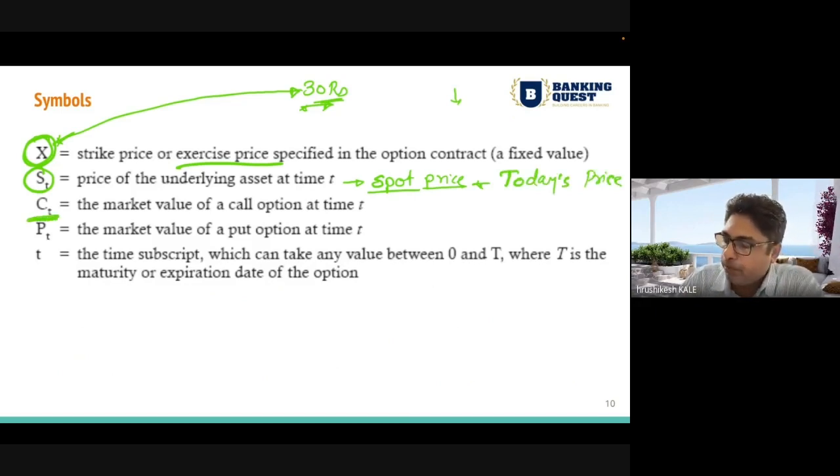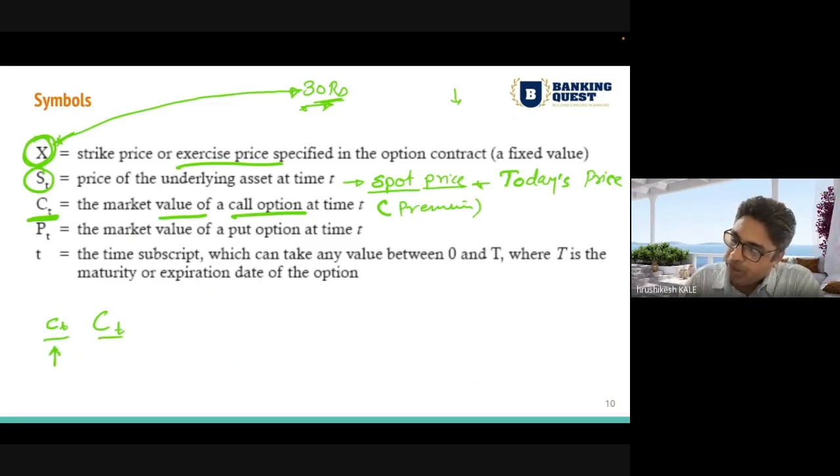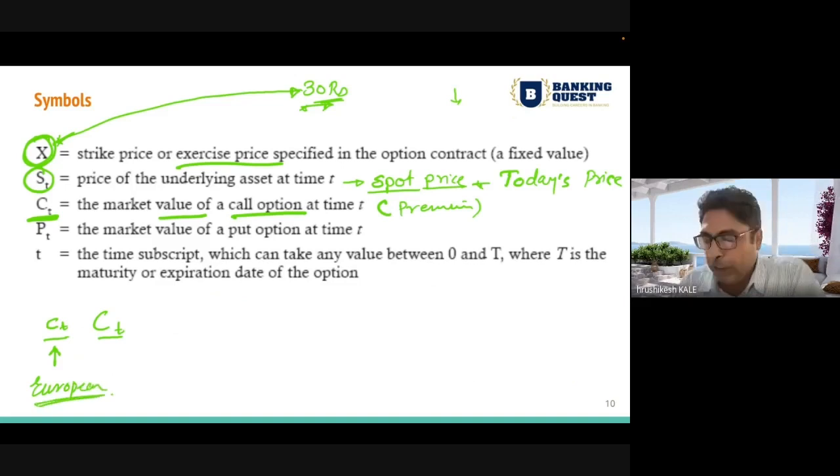Capital C is call option value or basically premium value. Call premium. Now you have small c and capital C. Small c is for European. So if you want to calculate European call option value, then you use small ct.